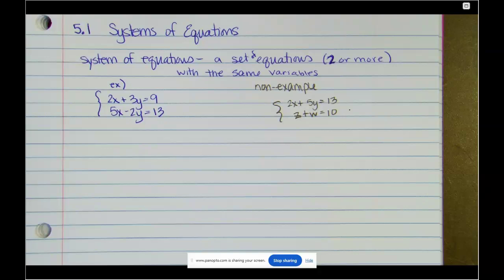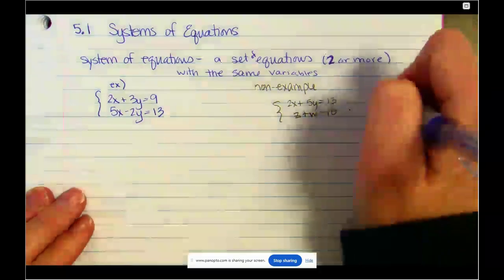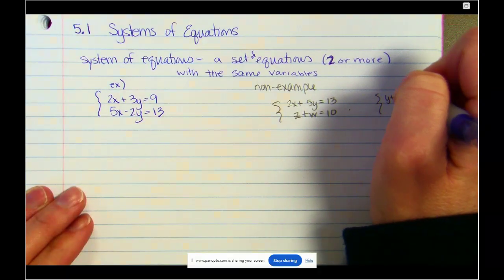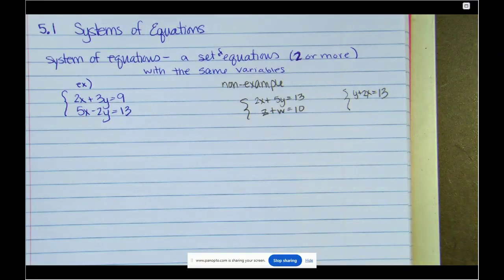Elijah, what do you think? Because there's an X and a Y. Yeah, the bottom one doesn't have an X or a Y. So when it says it's two or more equations with the same variables, that bottom one has z and w. It's not x and y. This is not a system of equations. That's why. Okay, how about this? Why is that not a system of equations? Yeah, there's only one equation. Okay, so those are the things that have to be true for it to be a system of equations.